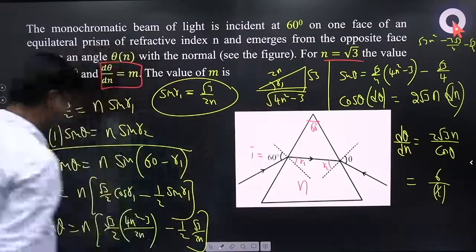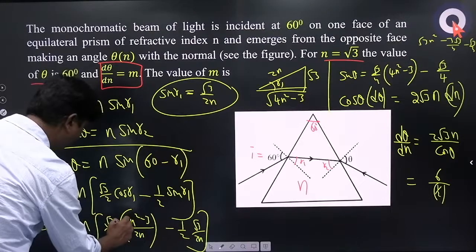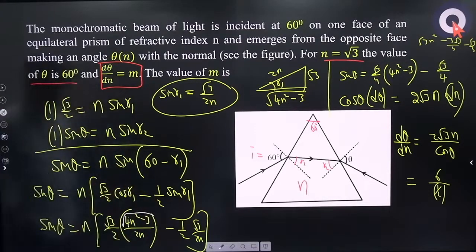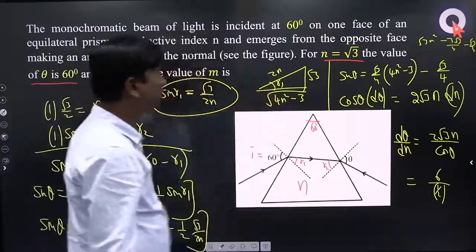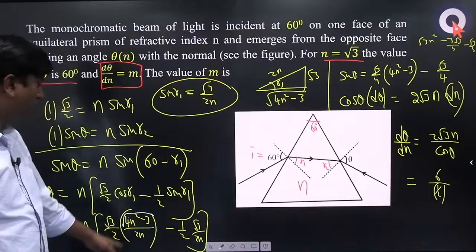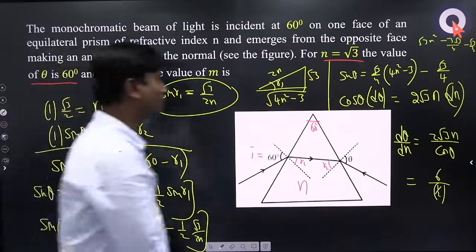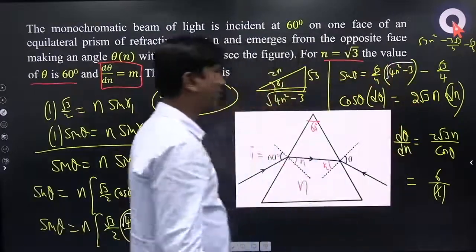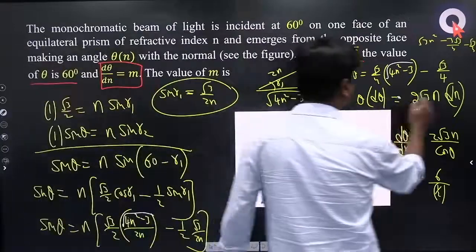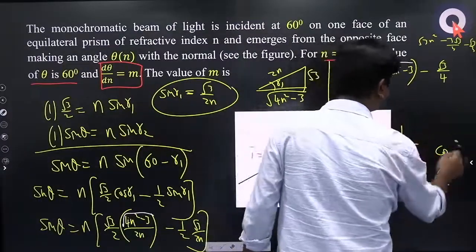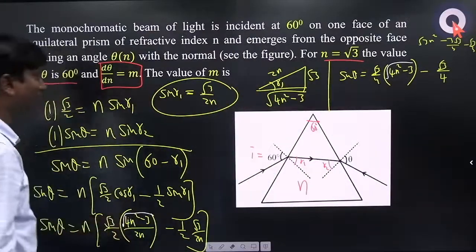This is root 3, the root we did not write. So cos theta, this is what you are supposed to write. Just take the correction: cos of r1 is root of 4n square minus 3 by 2n. So that is a small correction you have to make. So root 3 by 4 times the square root of this. Just let me correct this. We did not take this root.